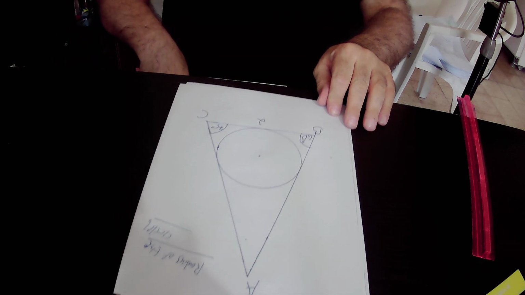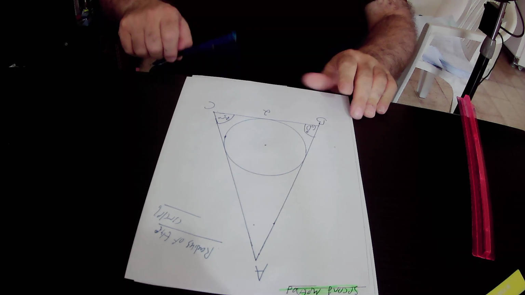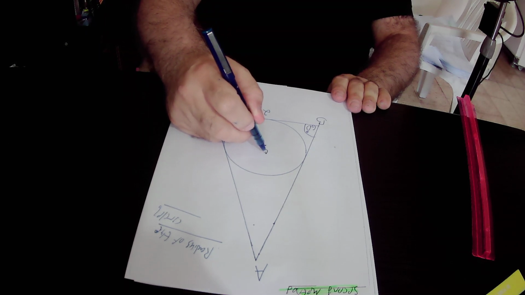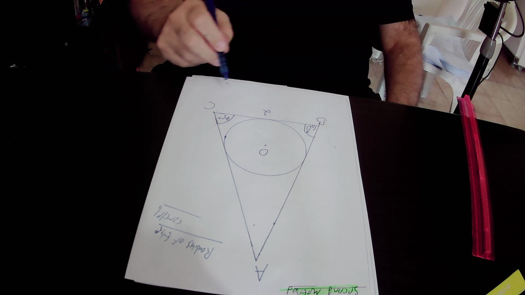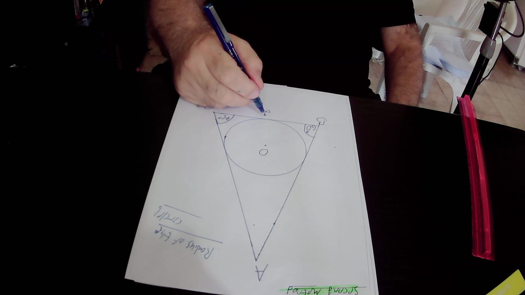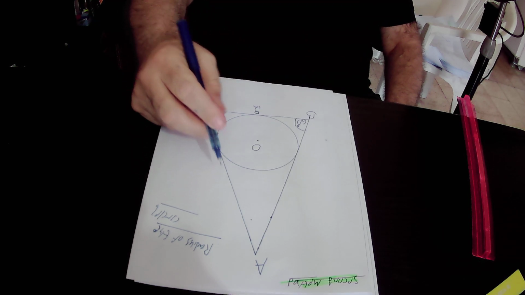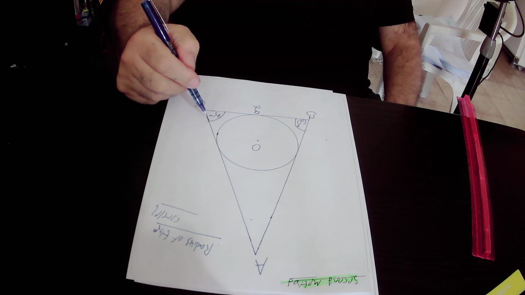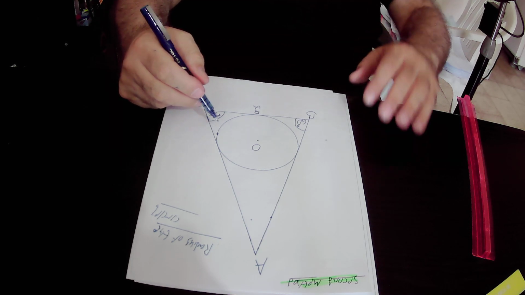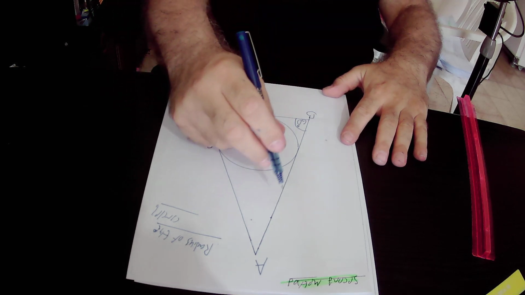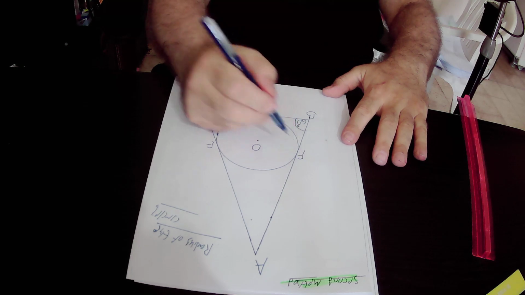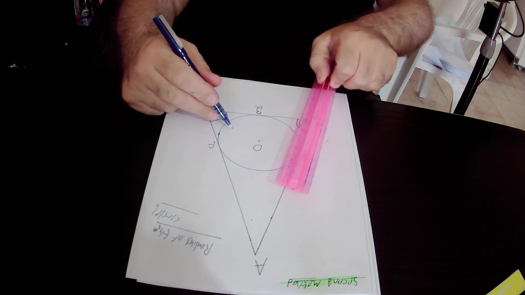In the second method, we'll define the center of the circle as point O. We define the point of tangency of tangent BC in this circle as point D. We define the point of tangency of tangent AC in this circle as point E, and we define the point of tangency of tangent AB with this circle as point F. We join points O and D together by a straight line.